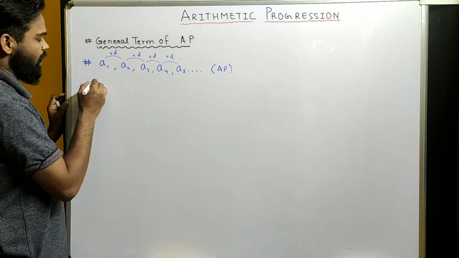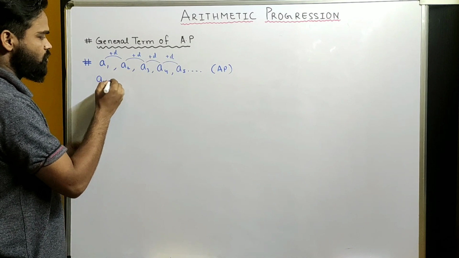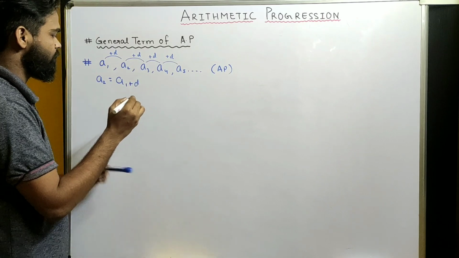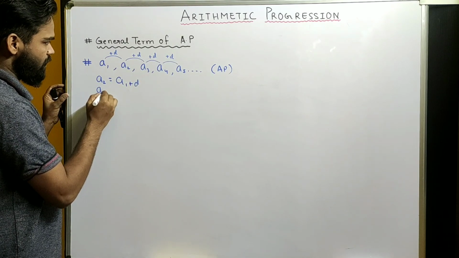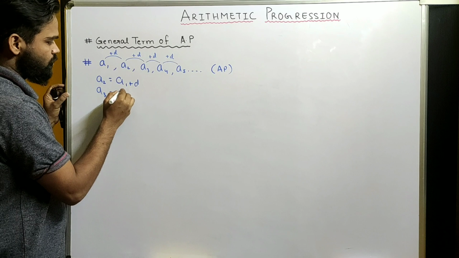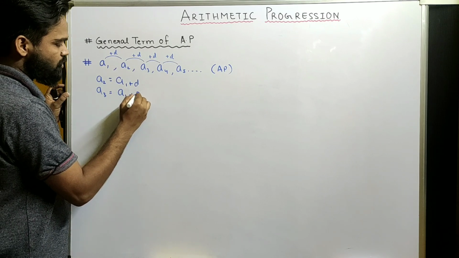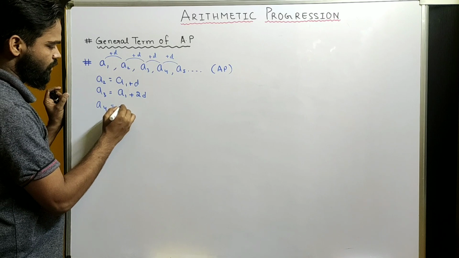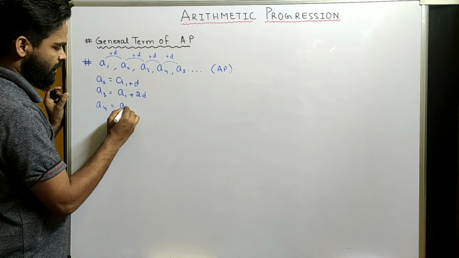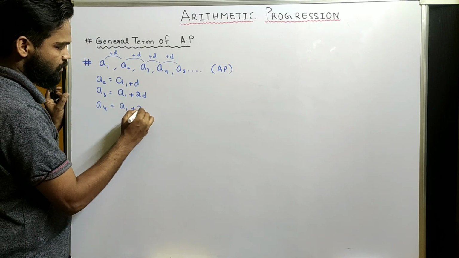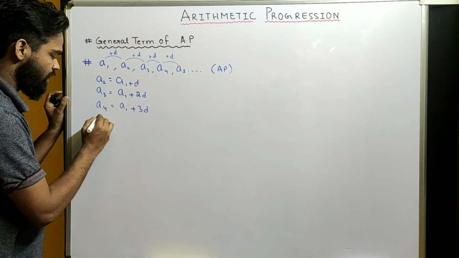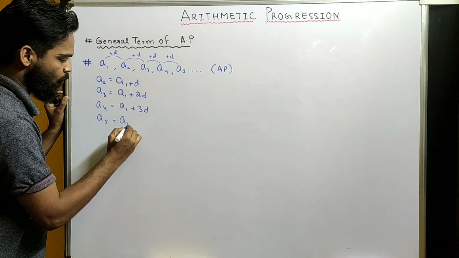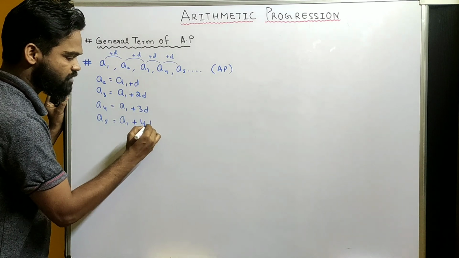Now look carefully, can I write A2 is equal to A1 plus d? Similarly, can I write A3 equals A1 plus twice of d? A4 is equal to A1 plus thrice of d. Similarly, A5 equals A1 plus 4 times d.